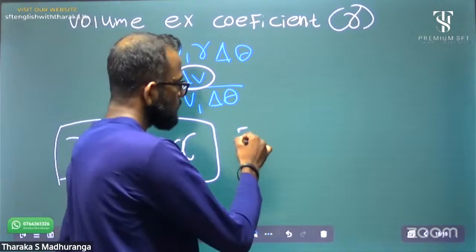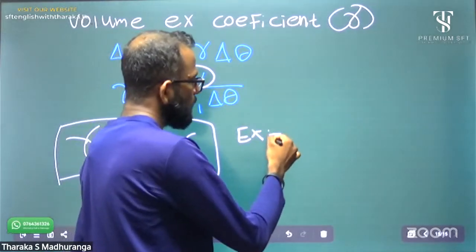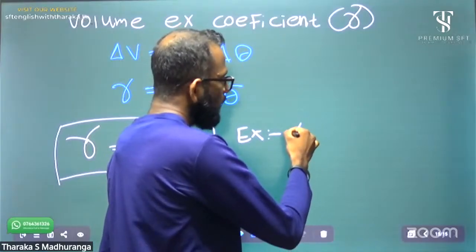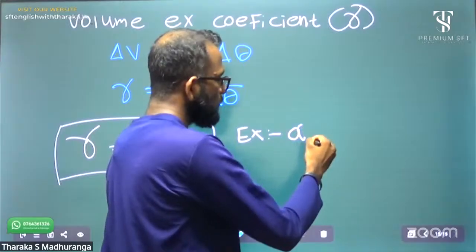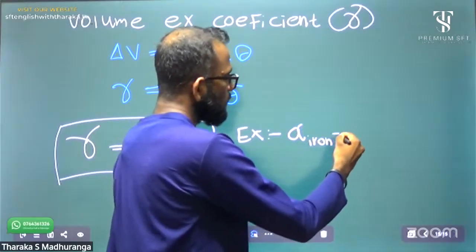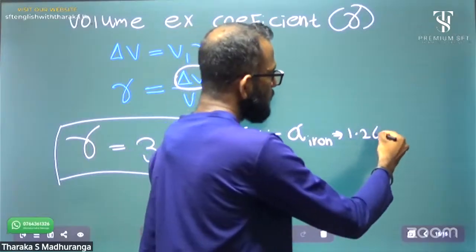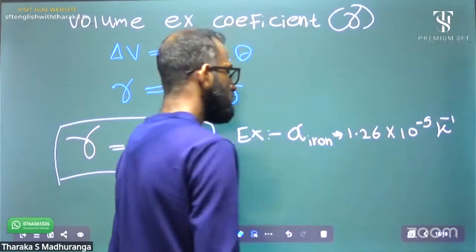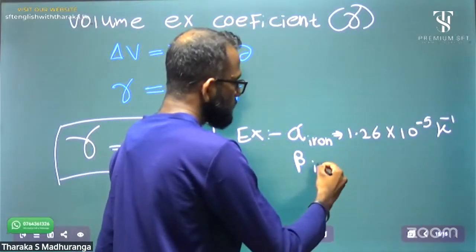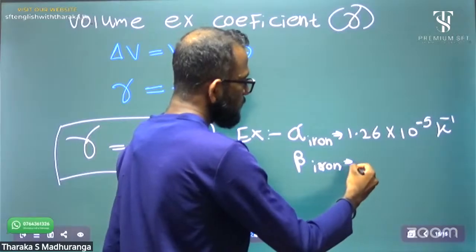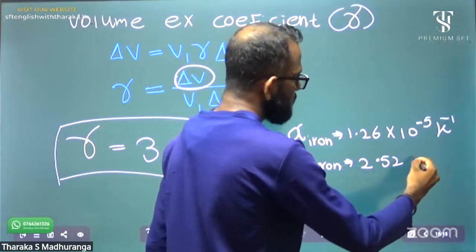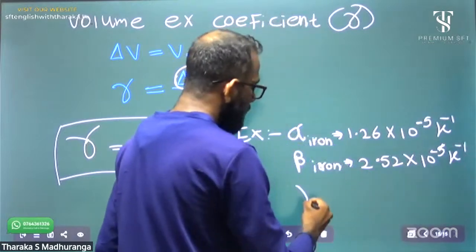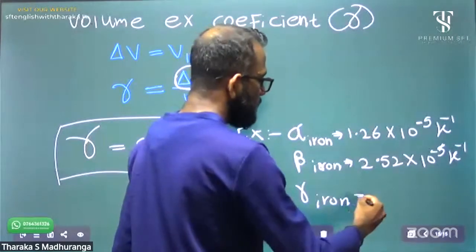Example. Alpha of iron, do you remember what it is? 1.26 times 10 to the power minus 5 per Kelvin. Beta of iron, 2.52 times 10 to the power minus 5 per Kelvin. Gamma of iron, same material. What's the value?